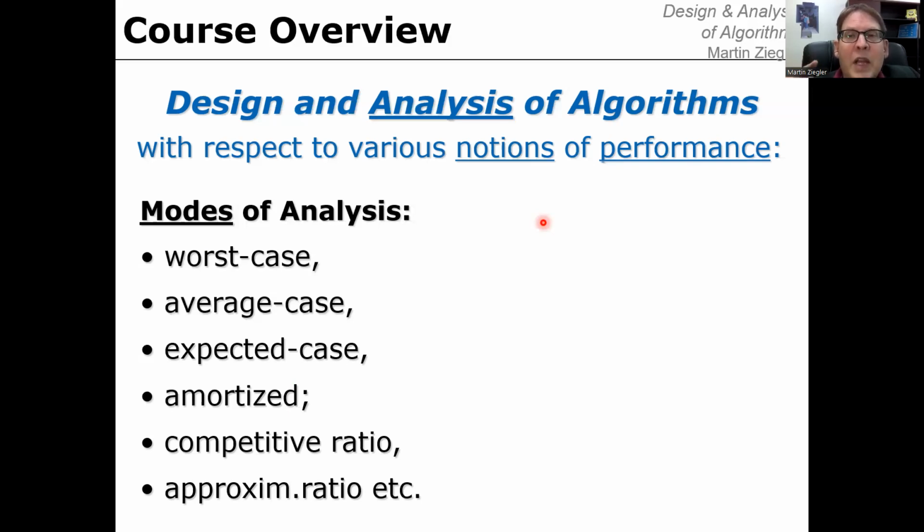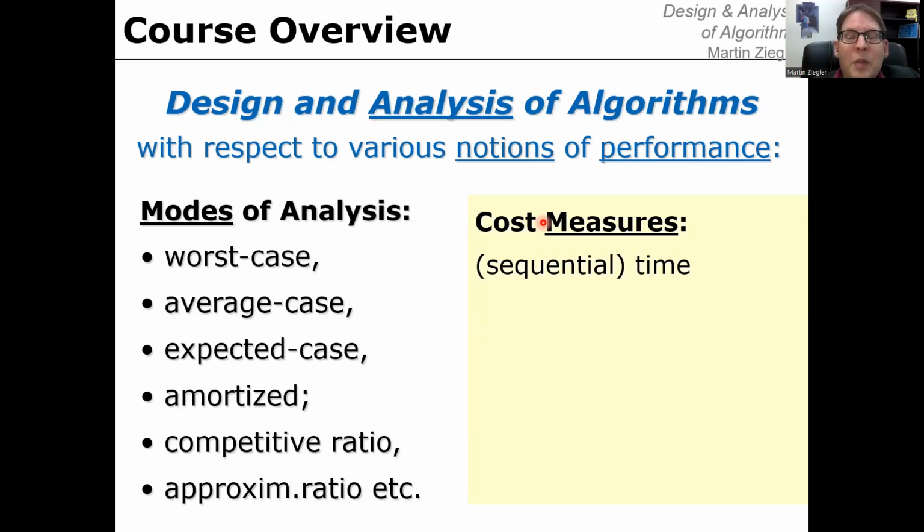Now, that's one aspect, mode of analysis, and the other aspect, as you remember, is cost measure, notions of formalizing performance. Again, the traditional, the classical way is running time, here meaning sequential running time, because of course there is also parallel running time that applies to parallel algorithms, which we'll also study in this course.